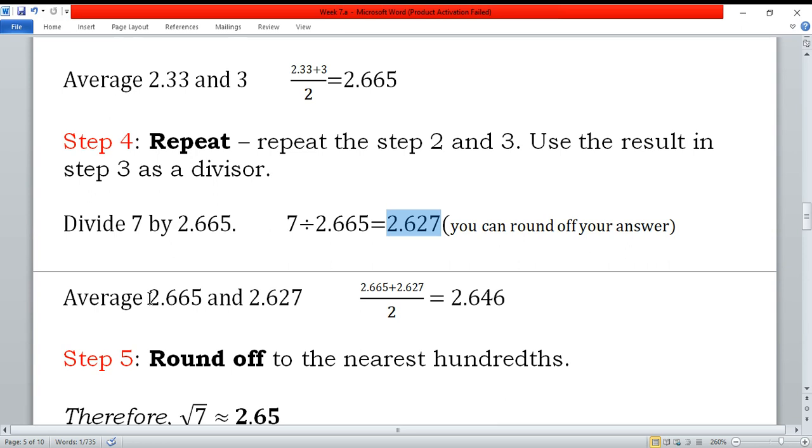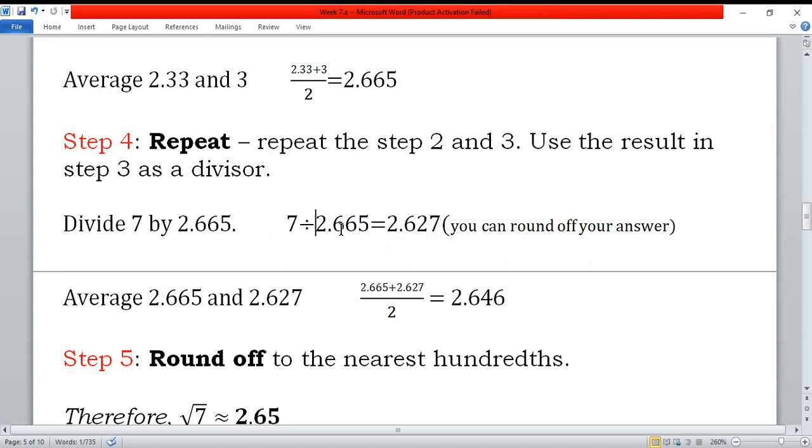So, yung average ng itong 2.625 and the 2.627. Okay. So, ito yung sinasabi natin. Okay? Yung result, tapos yung divisor. Okay? So, repeat the step 2 and 3. Use the result in step 3 as a divisor. Okay? So, ito naman, ang kukunin nating average.